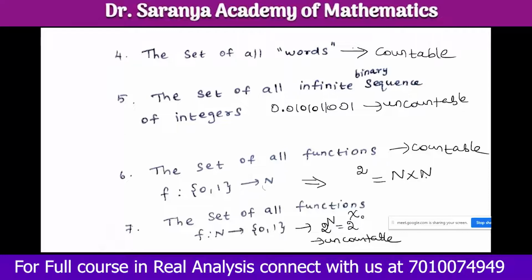It is countable. This cardinality is also countable, right? No ma'am, it depends on the number of elements. The set of all functions, N to the power 2, the cardinality of N to the power cardinality 2 means the number of elements, right?